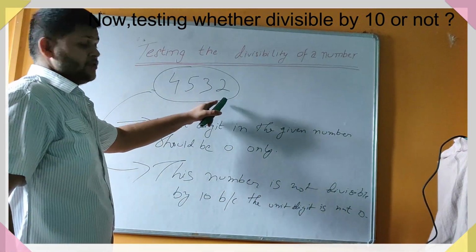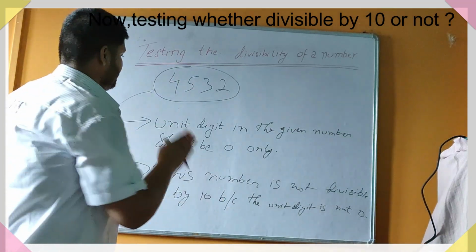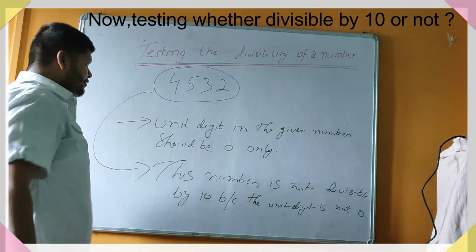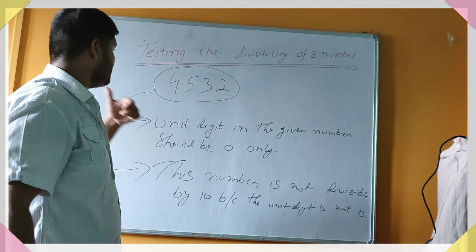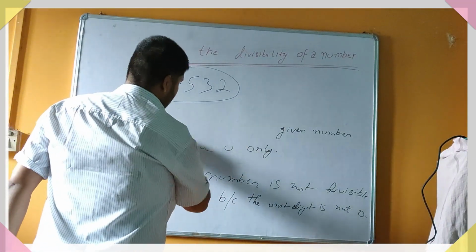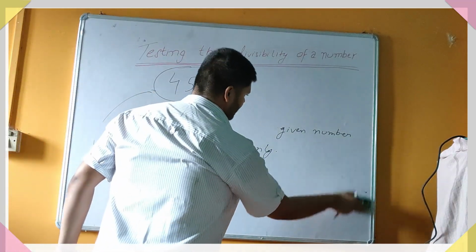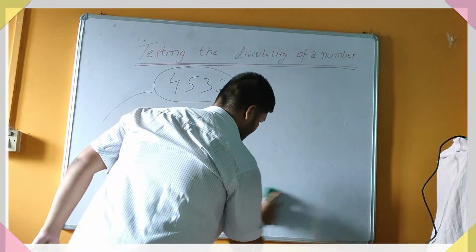If it was 0, then only we can say that this number was divisible by 10. Now, last but not the least, we are going to see about testing 11, whether this number is divisible by 11 or not.